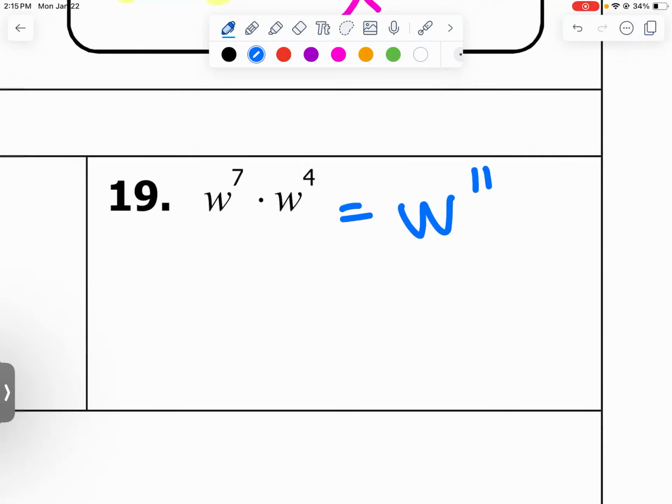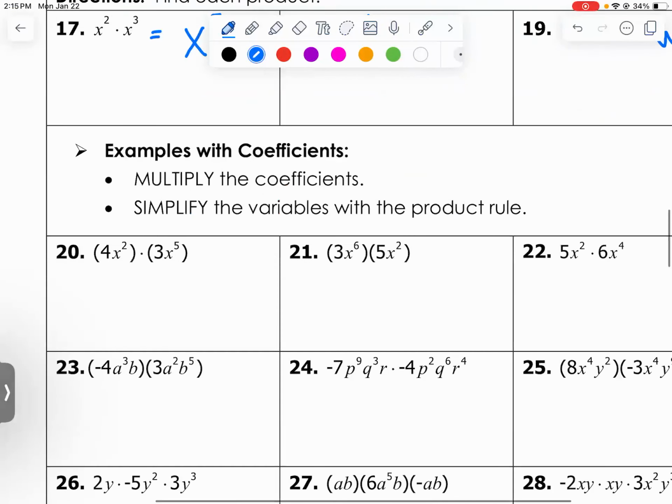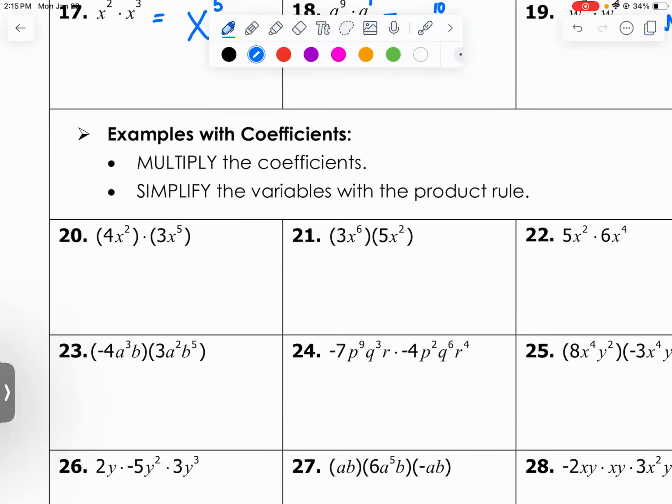Okay, so what happens when we throw in some coefficients? If we are multiplying, do you know how to multiply two numbers together? Okay, so we're gonna multiply the numbers together, and then we're gonna do our rule with our exponents.